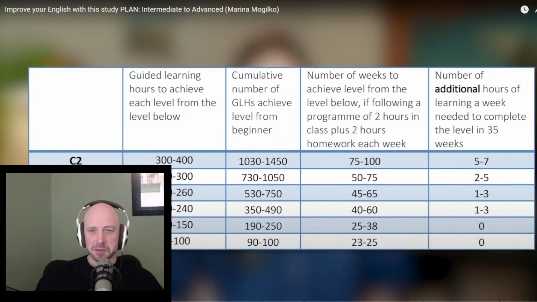And I think probably the reason for that is because many students will take large breaks in their learning, or they will get a bit worn out and stop doing so much outside of class. So actually, I think that these tables tend to be quite optimistic.